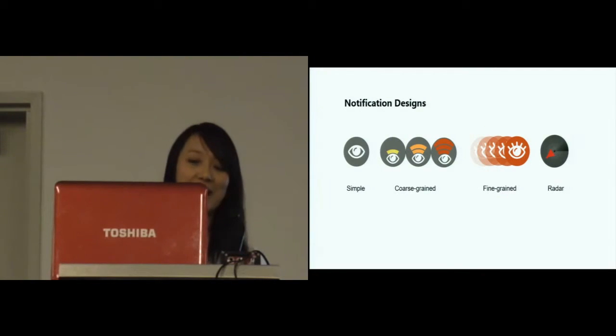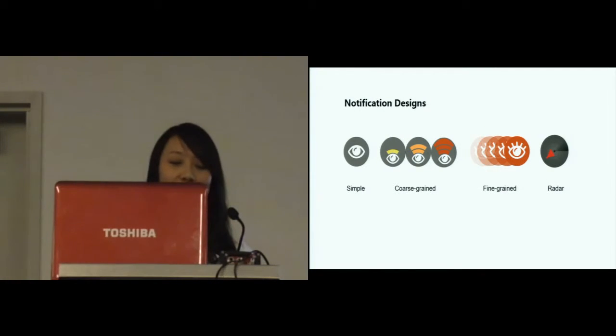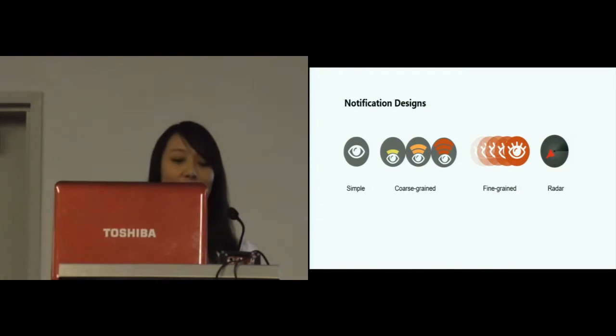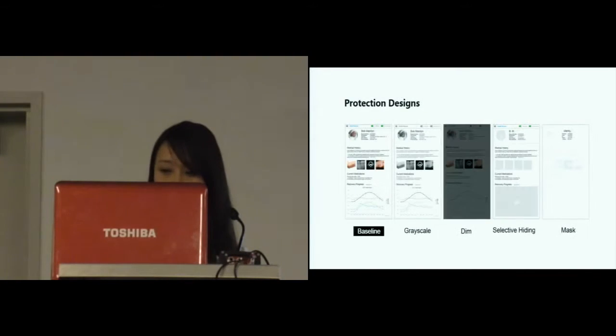We started by designing candidate notifications of different granularity, from a simple on and off to 3 discrete intensities and a continuous range. We also had a literal radar representation that displays the potential intruders' relative position and field of view. For protection techniques, we remove color to grayscale and dim the screen brightness.